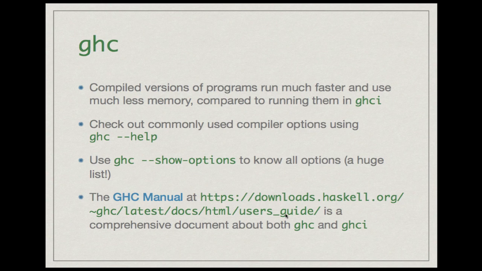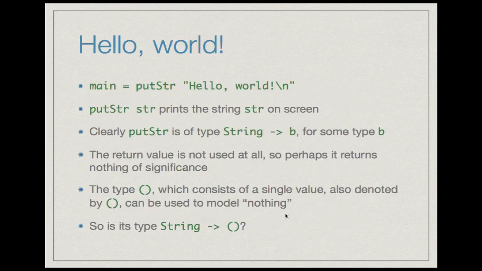So we have learned how to write a simple program which stands alone and runs on its own, compile it and run it. Let's study the program in more detail. main = putStr "hello world\n". putStr is a function.